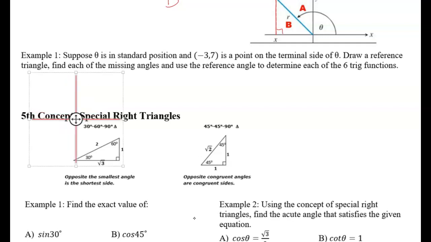Okay, I'm going to draw an x and y axis, and then I'm going to plot the point negative 3, 7, which is way up here. We'll do like there. And I'm going to draw a line connecting the origin to that point.